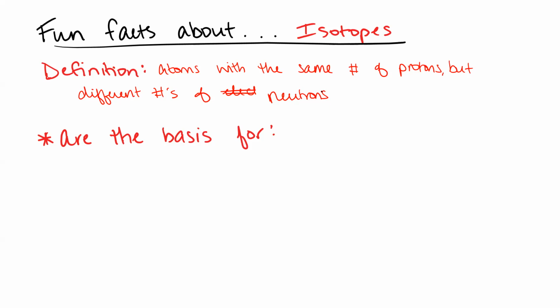Well, isotopes are actually used for carbon dating. They're also used to track nitrogen bases in DNA.